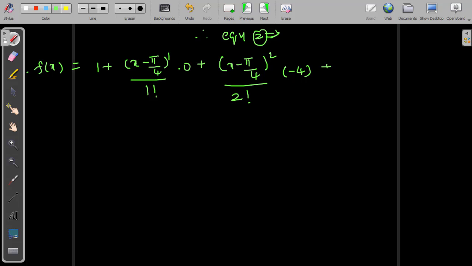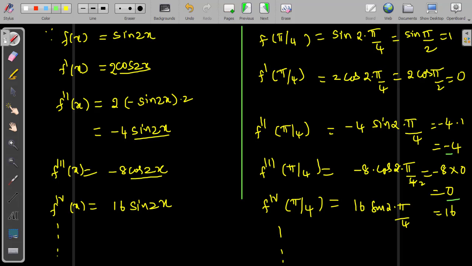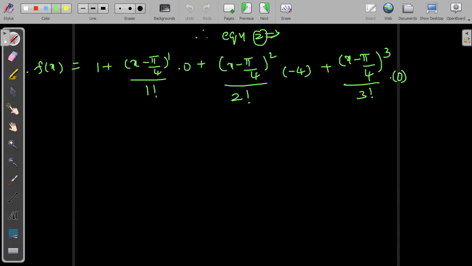Again plus, I am writing in the formula, which I have not written, x minus pi by 4 power 3 by 3 factorial times triple dash of a, which is 0. If you look at the previous page, it's 0 for the triple dash. Fourth derivative is a non-zero value, plus x minus pi by 4, this is also not written in the formula, power 4 divided by 4 factorial times 16, plus so on.